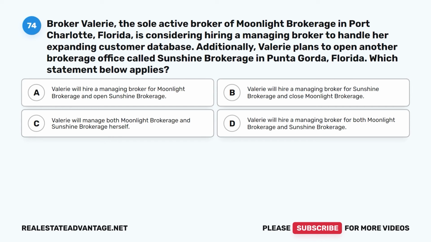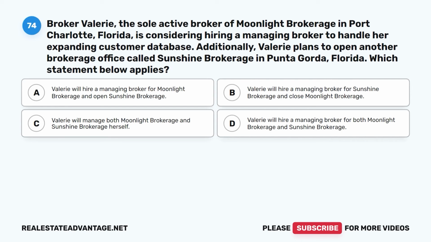Question 74. Broker Valerie, the sole active broker of Moonlight Brokerage in Port Charlotte, Florida, is considering hiring a managing broker to handle her expanding customer database. Additionally, Valerie plans to open another brokerage office called Sunshine Brokerage in Punta Gorda, Florida. Which statement below applies?